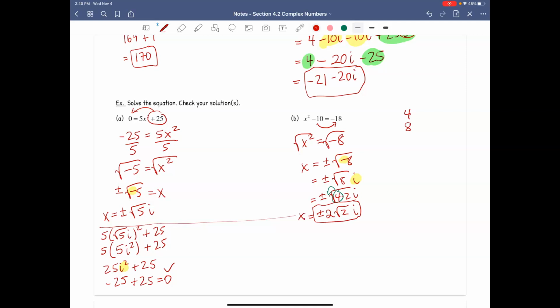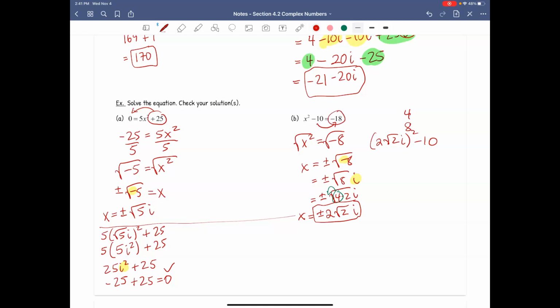And so we are ready now to check them back into the original equation. And so starting with the positive solution, we're going to have 2 square root of 2i all squared, and then we'll just say minus 10, and our objective here is to show that this is equal to the right-hand side, which is negative 18.